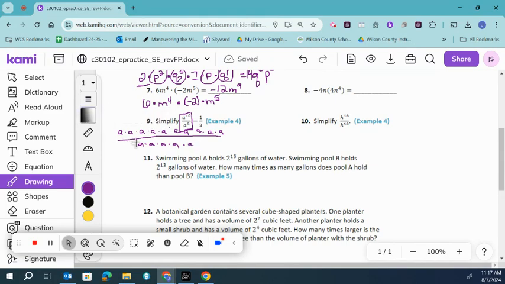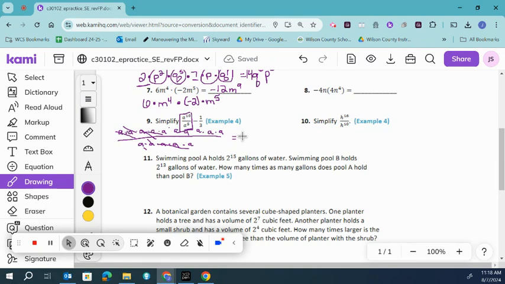Then a divided by a would be the same thing as 7 divided by 7. So you get 1 anytime you divide something by itself. So we can cancel these out. We're going to cancel out 5 of them because there's 5 on top and 5 on bottom, which leaves a to the 5th power on top.